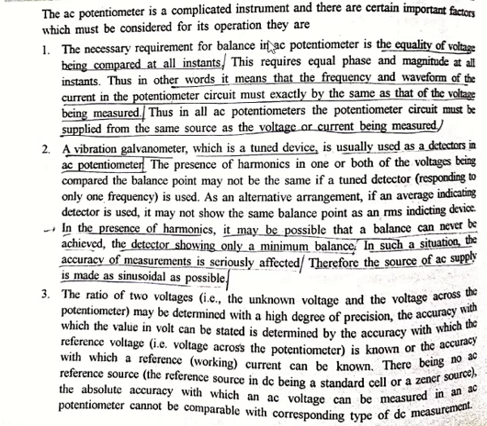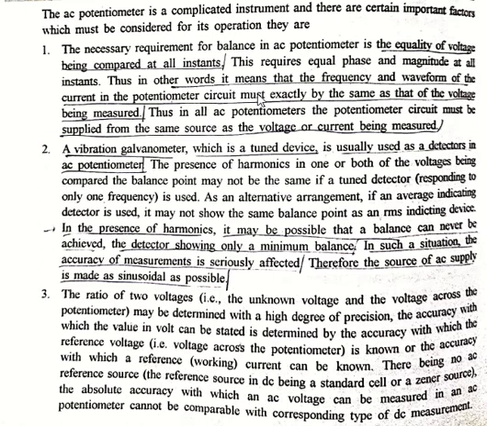So first of all, we need to focus on the balance point that we obtain in the case of AC potentiometers or DC potentiometers. So first we'll focus on the balancing of voltages. This requires an equal phase and magnitude at all instants.